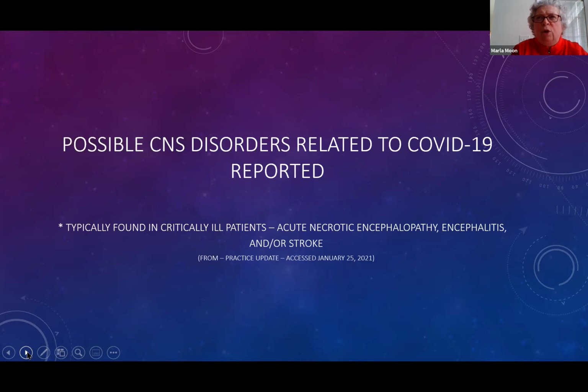So those visual field losses, those signs and symptoms that are similar to what we see with traumatic brain injury patients, we could possibly see this as time goes down the road. So far, I've not seen cases, but it is rare, and they've only found this in the individuals who have been critically ill from the COVID virus.